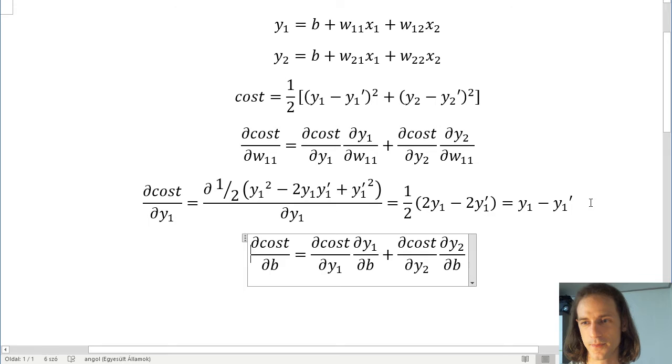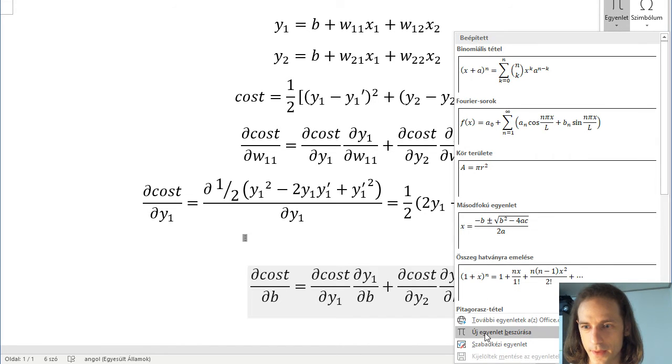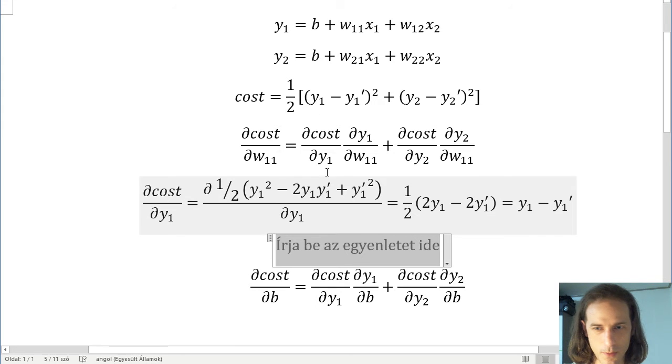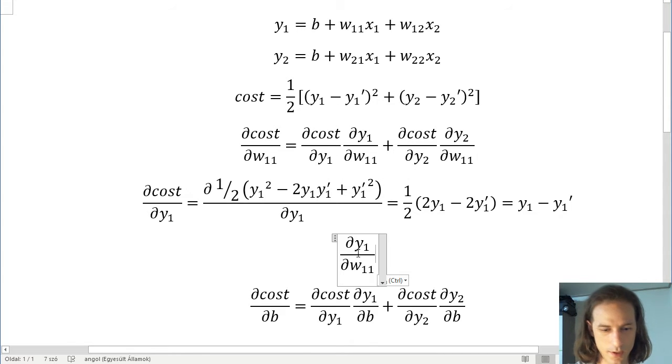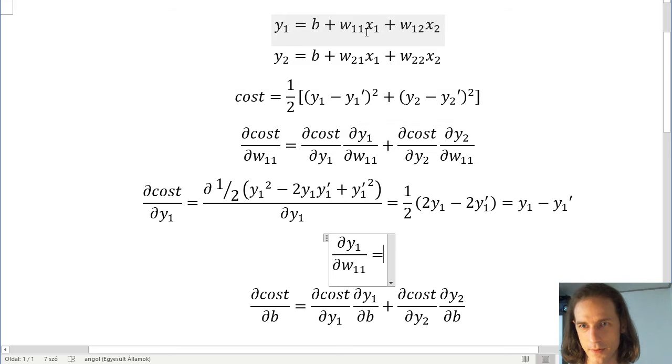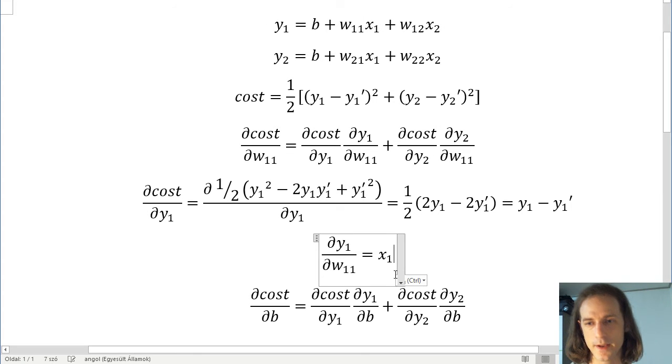Yeah, and maybe I should write that. I didn't write that down because it seemed kind of trivial, but let's just spend some time on that. So if we want to calculate this part, that's going to be the derivative of this by this, and we know that's simply going to be x1.